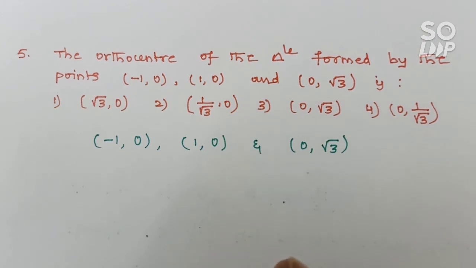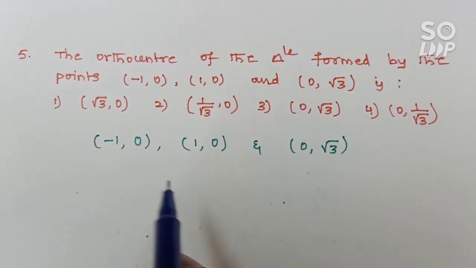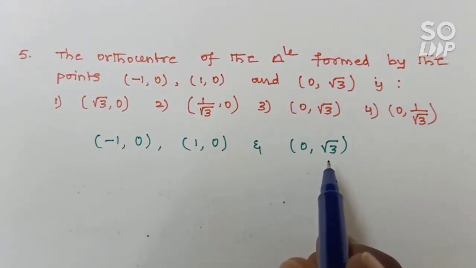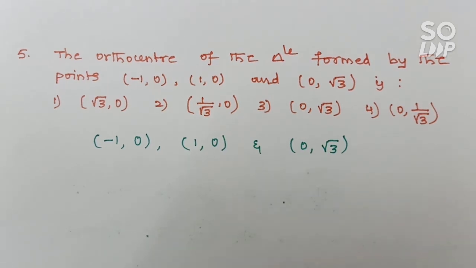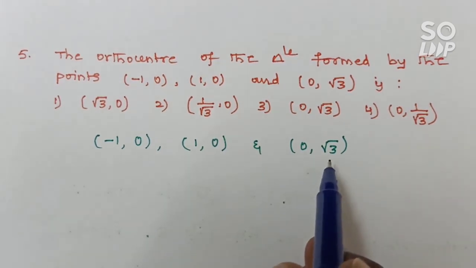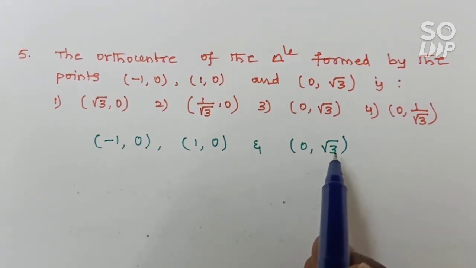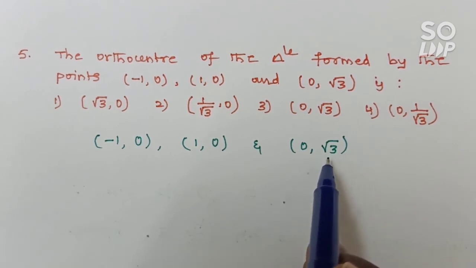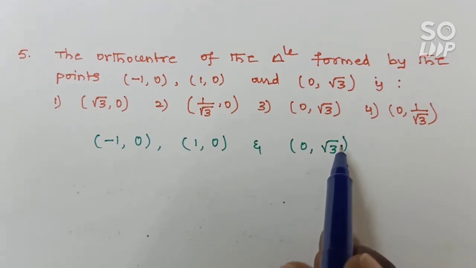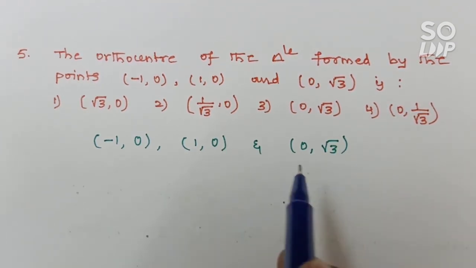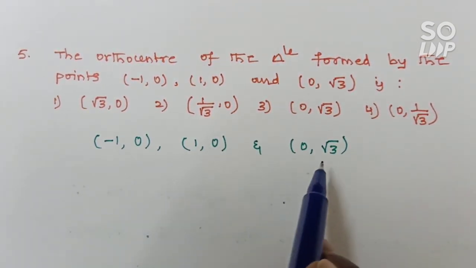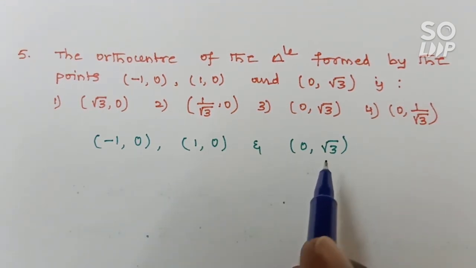Please all of you remember this point. Not only root 3, but either 2 into root 3 or 4 into root 3 or 2 plus root 3, whatever it is: if root 3 exists in any point, then generally those points will form an equilateral triangle.